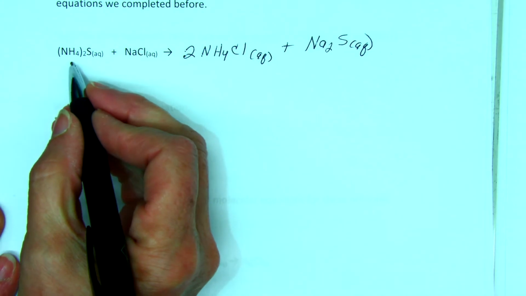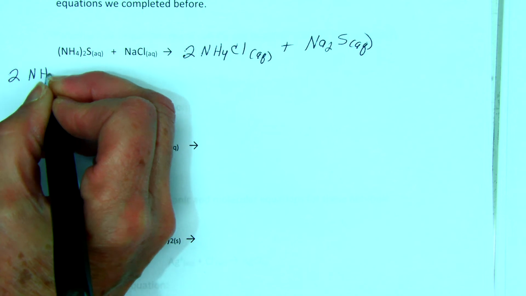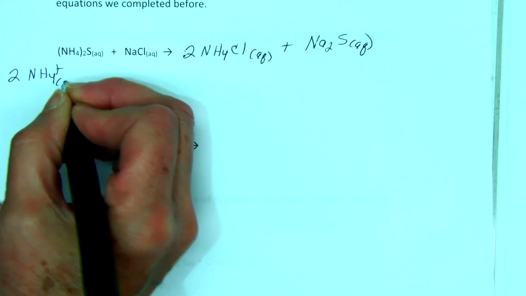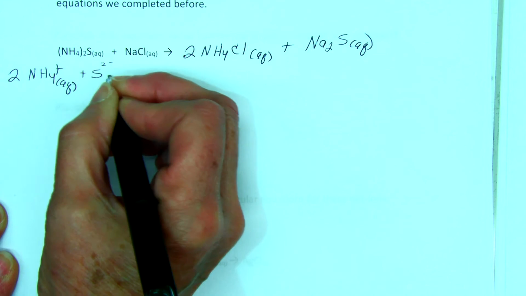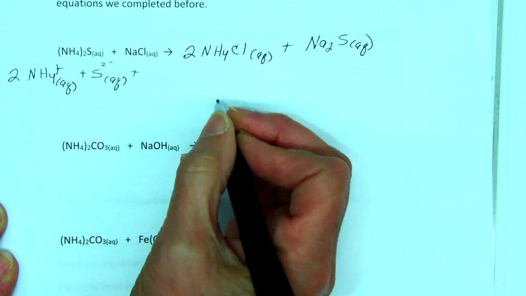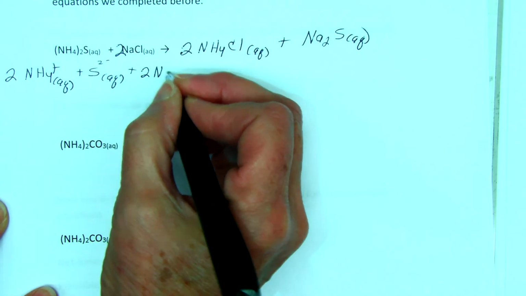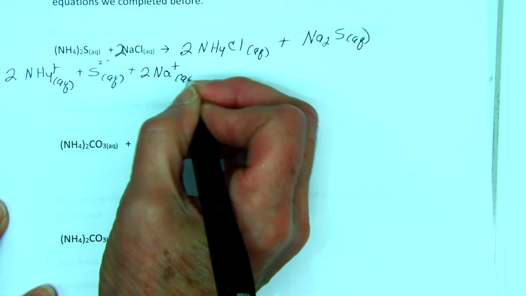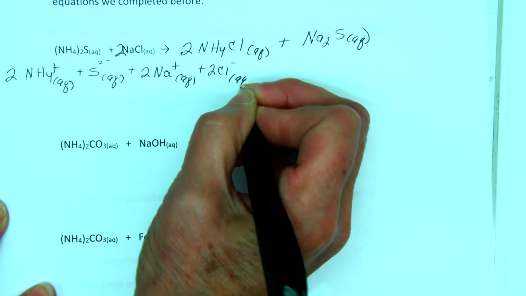So this breaks apart and we get 2 ammonium ions, because there's a 2 here, they are aqueous, plus a sulfide ion, aqueous, plus, oh, I didn't have this balanced, there we go, plus 2 sodium ions, aqueous, plus 2 chloride ions, aqueous.